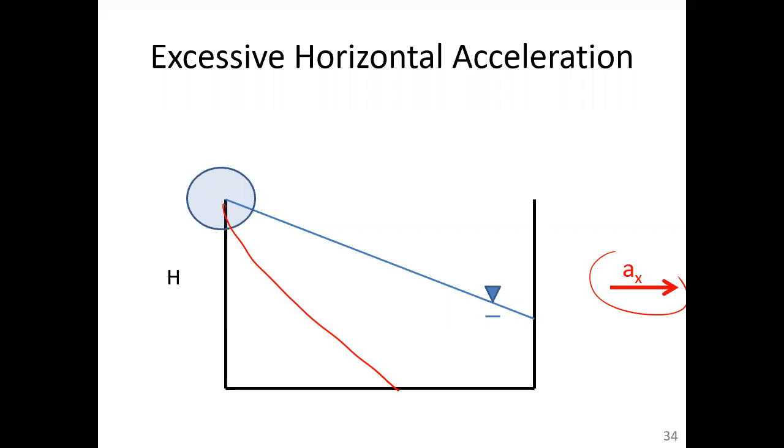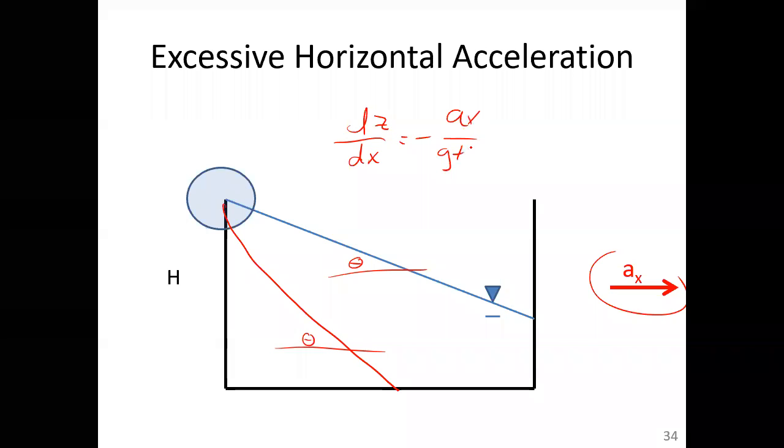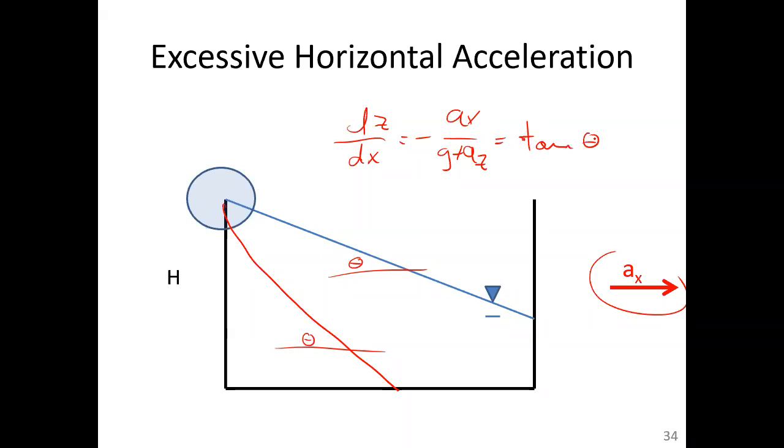But this slope is all dictated by dz/dx. So once you have the accelerations, it dictates what this ultimate slope looks like, and it dictates whether or not you lost fluid volume. That is true for open containers.